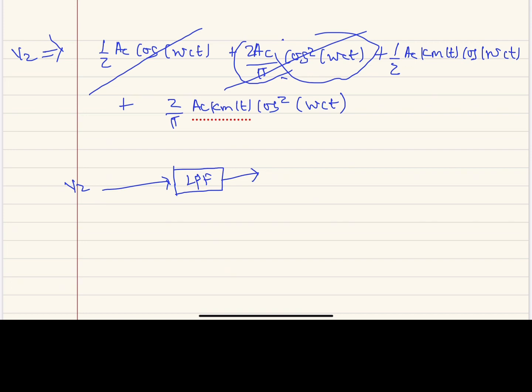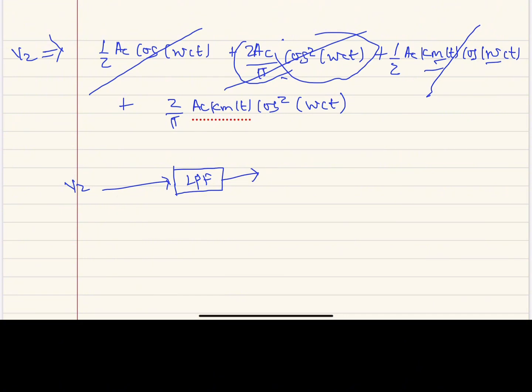This one contains our message signal m(t), and it also contains the angular frequency of the carrier signal, which is a higher frequency. Therefore, this one will also be attenuated because the low pass filter will block it. Let's look at the last one.